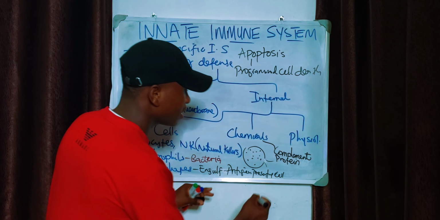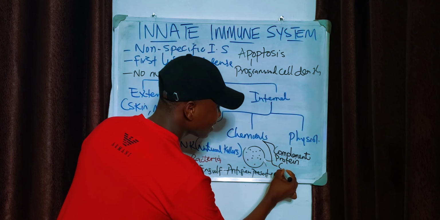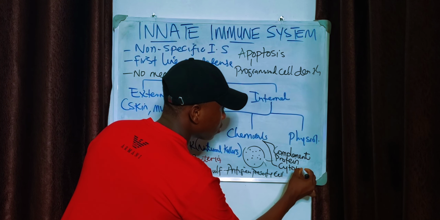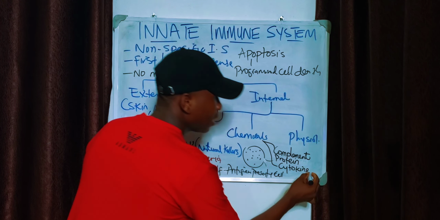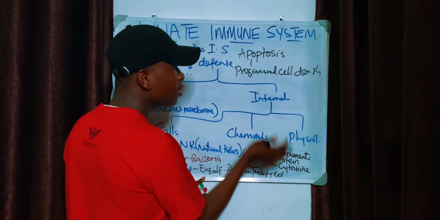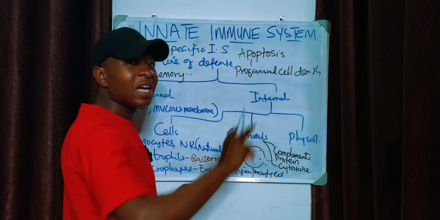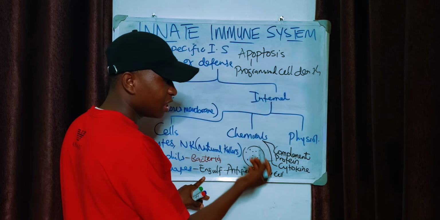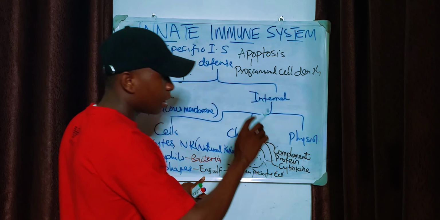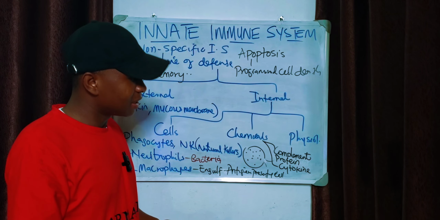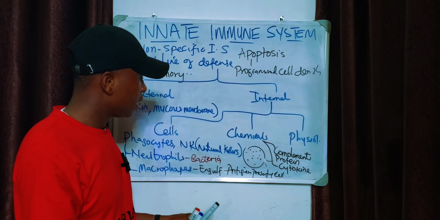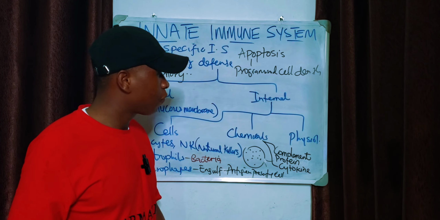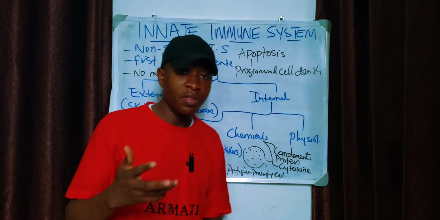However, we also have another type of chemical, which we call the cytokines. Now, what do the cytokines do? They function in both the innate and the adaptive immune system. They also help in getting rid of foreign bodies or pathogens.